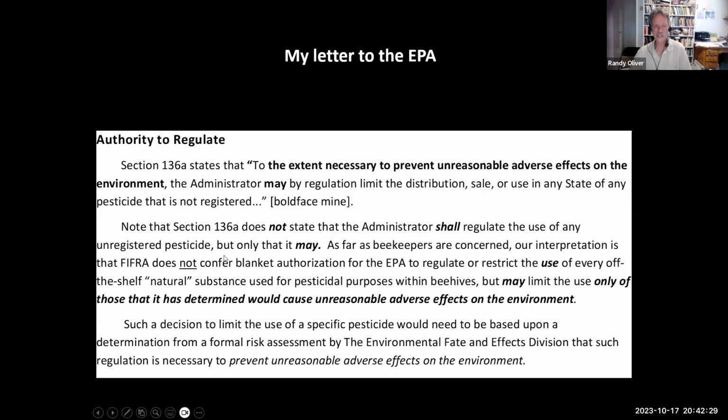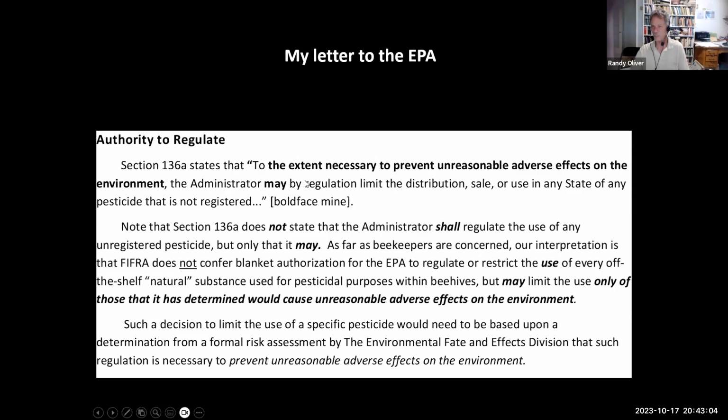So this is just 3 paragraphs from a much longer letter that I sent to the director of the Office of Biochemicals in EPA. 136A states, to the extent necessary to prevent unreasonable adverse effects on the environment, the administrator may, not shall, but may, by regulation, limit the distribution, sale, or use in any state of a pesticide that's not registered. It doesn't say that they shall regulate it. It says they may regulate the use of it.